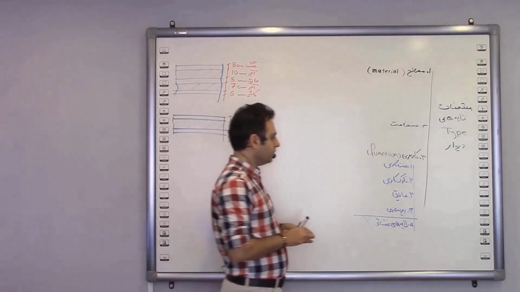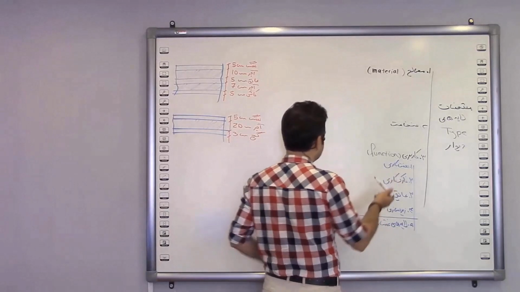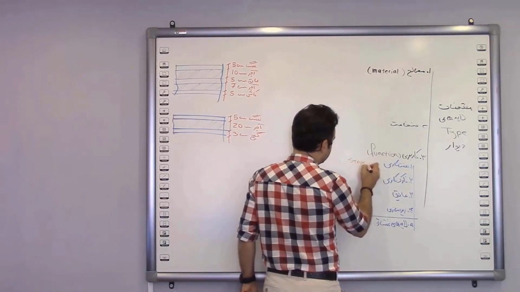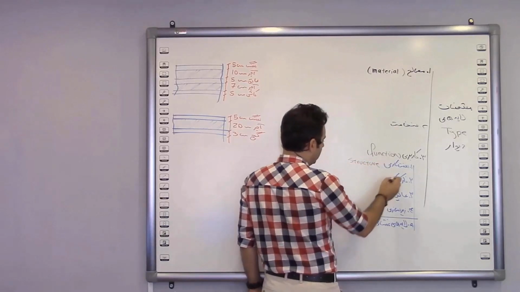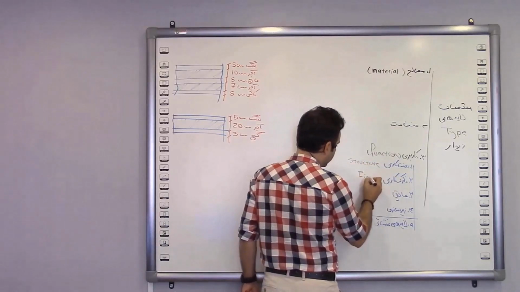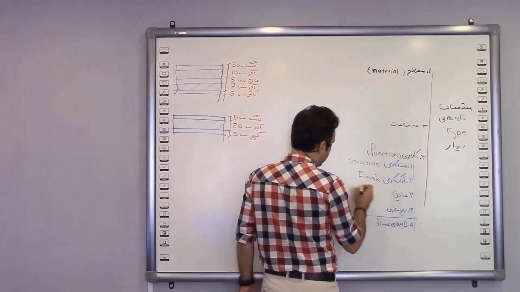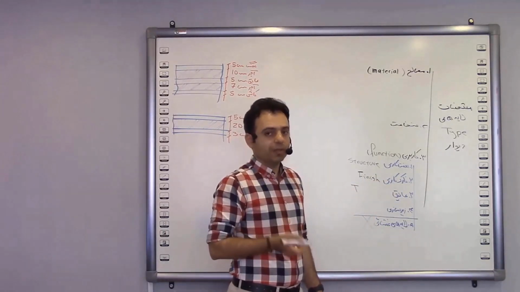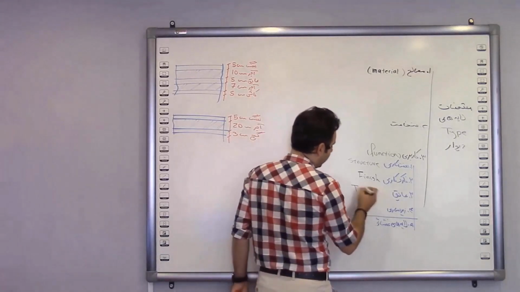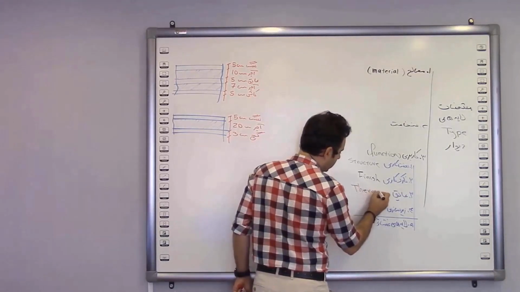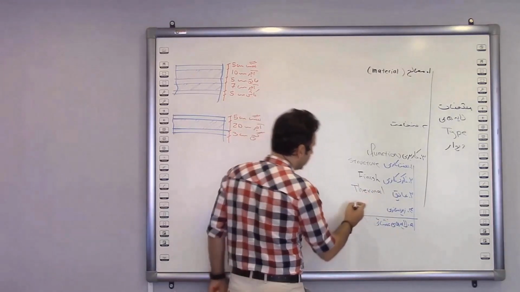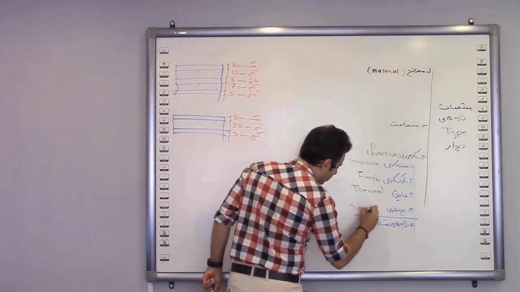So, now let's review all of these one more time because they're really important. The function includes 5 parts. Number 1 was structure. Number 2 was finish. Number 3 is thermal insulation; if you remember, at the beginning I said only thermal because it's just thermal insulation. Number 4 is substrate.